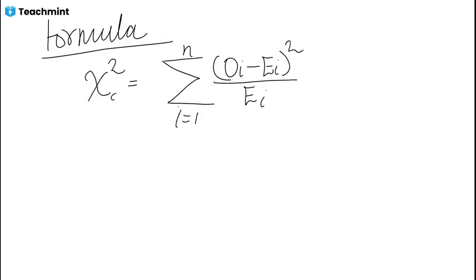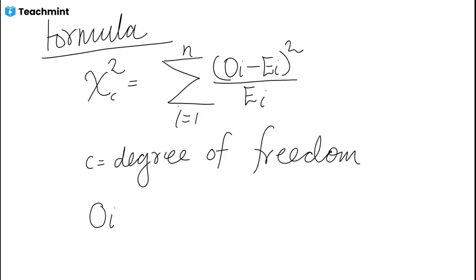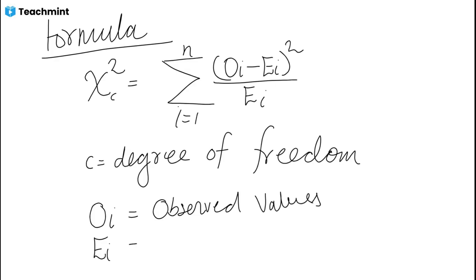And here we have the degree of freedom, C, for the given data. OI is the observed value, EI is the expected value. This is the formula of the chi-square test.